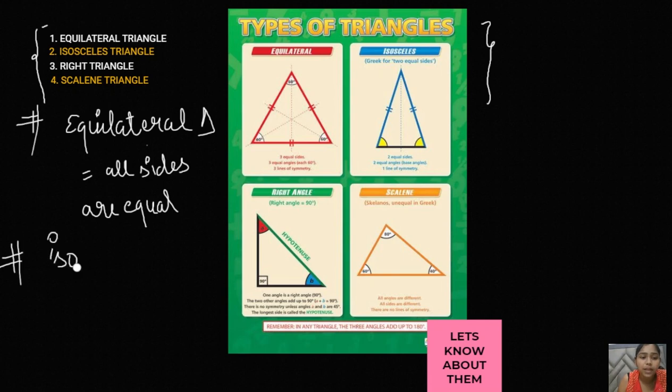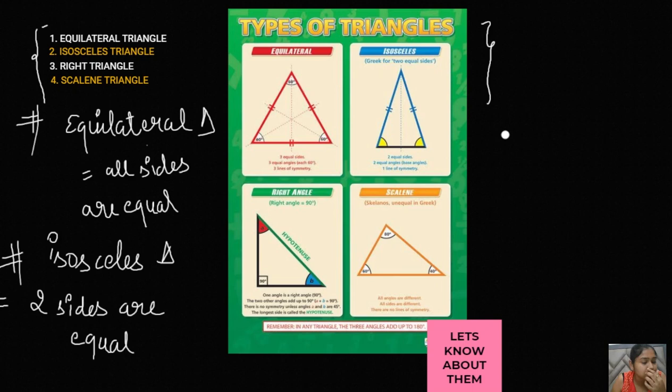Okay, next we'll start with the isosceles triangle. In the isosceles triangle, two sides of the triangle are equal. This is what we call an isosceles triangle. In this particular chapter you will also get to know about certain properties of the isosceles triangle and the certain theorems which are associated with it.